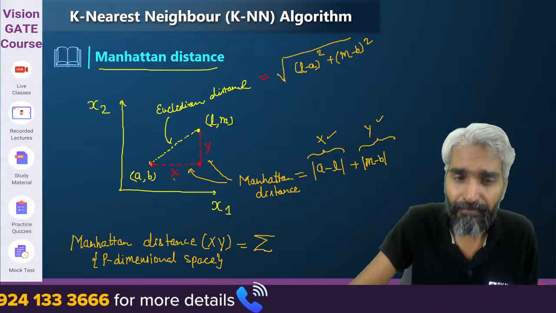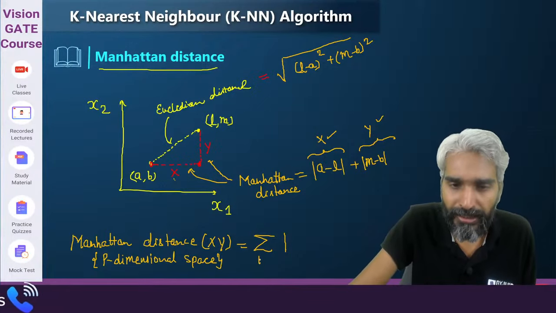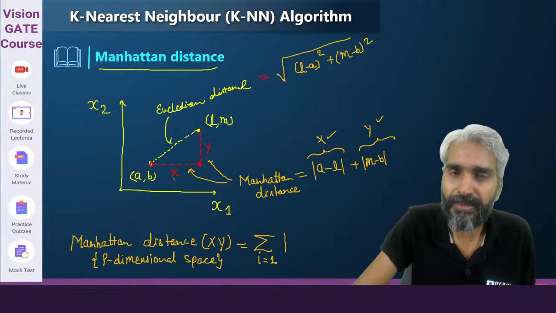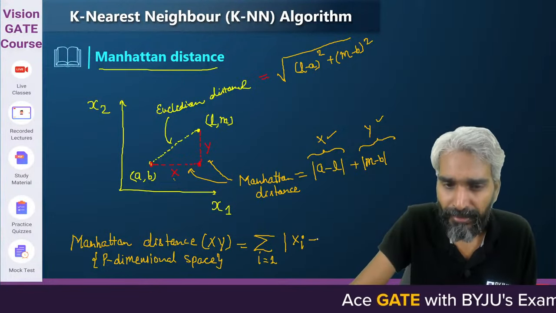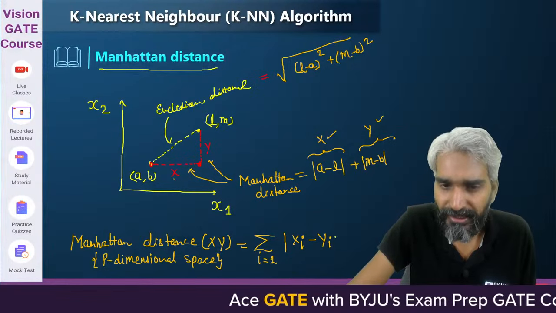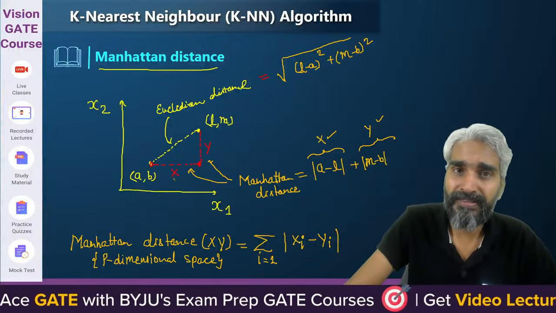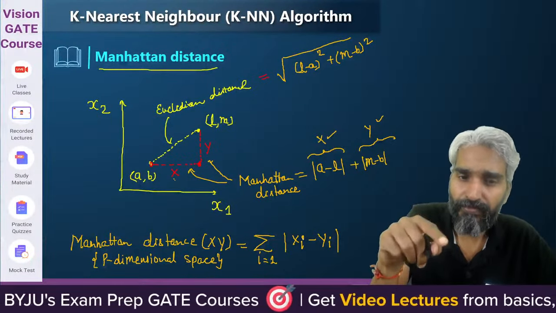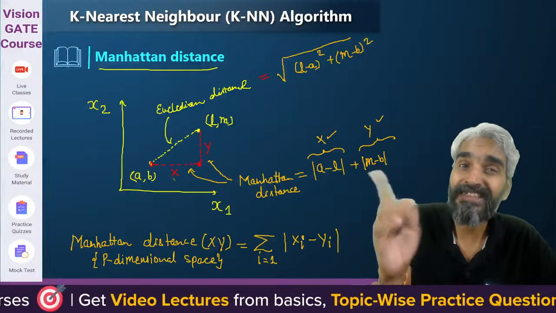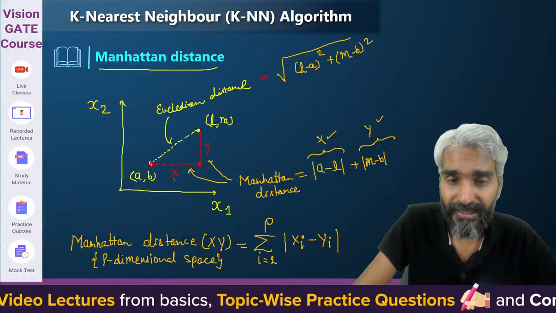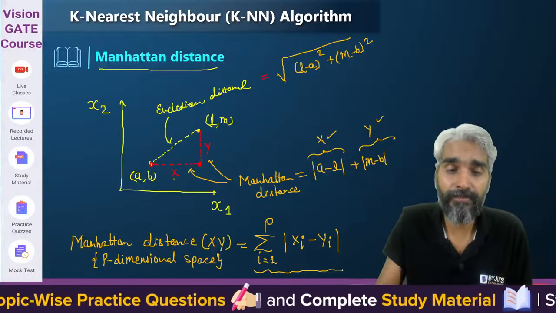You are summing up the distance in all the dimensions, xi minus yi. If there are 2 points x and y, then x1 and y1 represent the values in dimension 1 for the points x and y respectively. This summation will be your Manhattan distance.